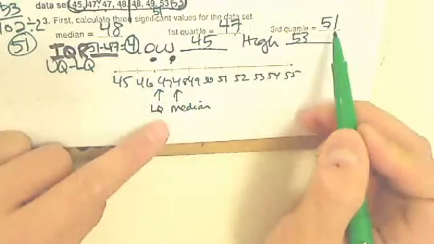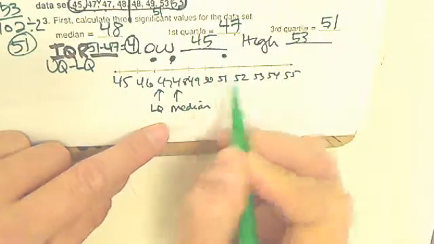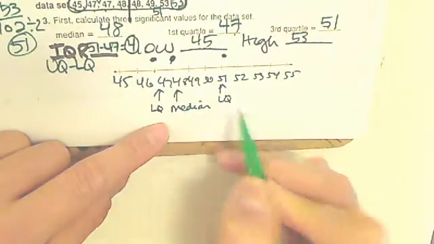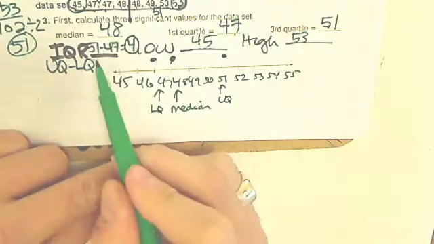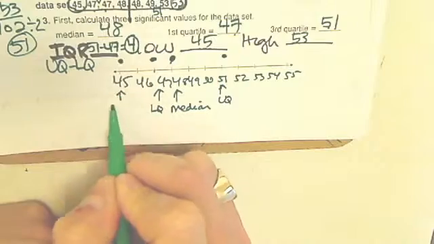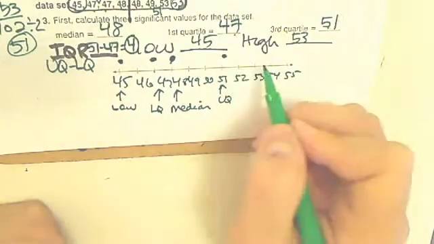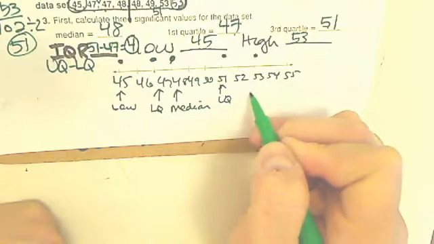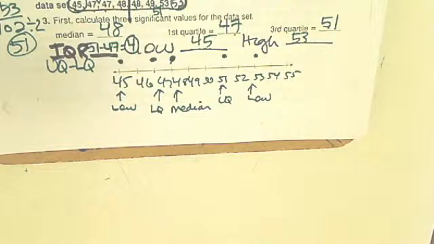Third quartile, 51. That's the upper quartile, UQ. The dot goes in the air at the lowest number, 45. And the dot goes over here at the very last one, 53. All I'm doing is putting dots where they go. So I should have 5 dots.